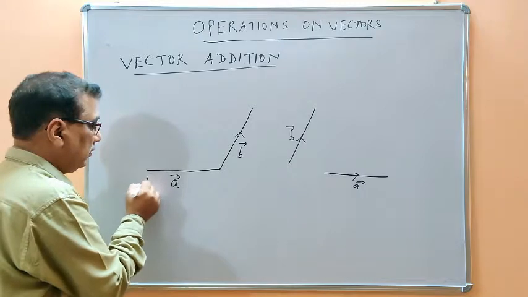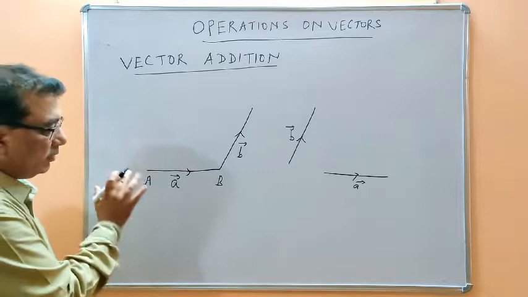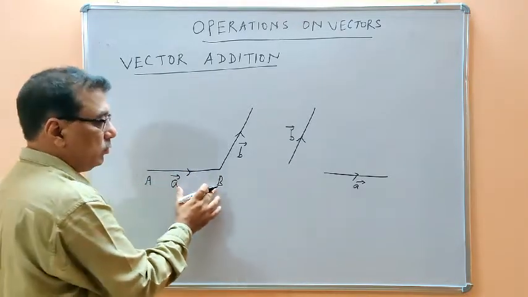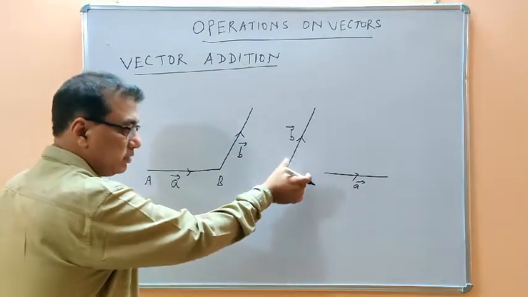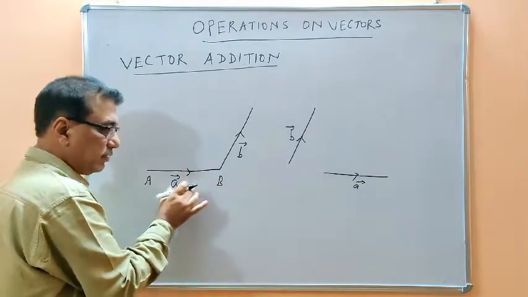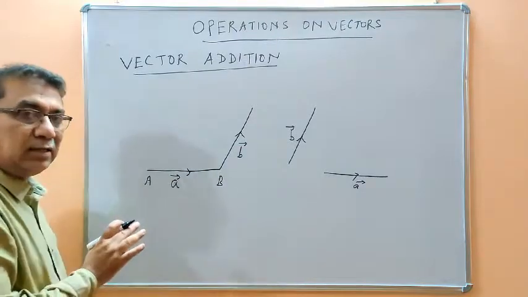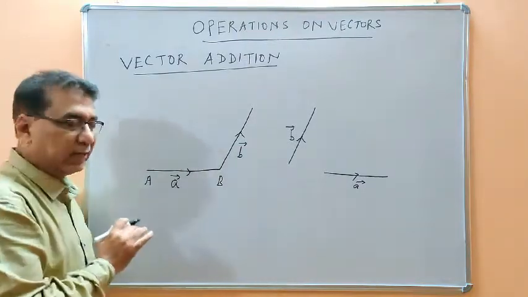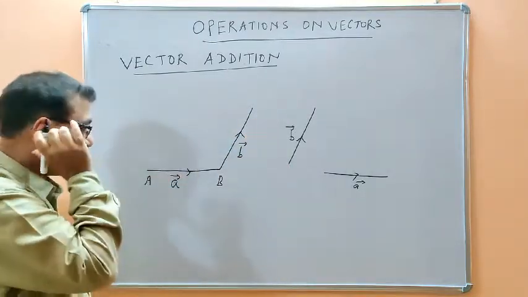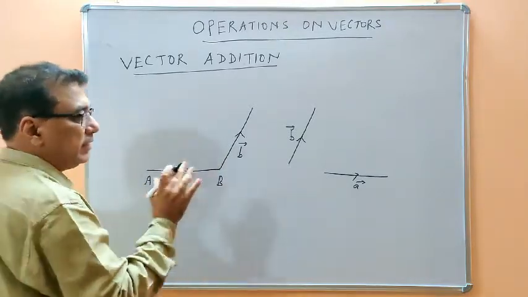Suppose I write here A and this is B. So AB represents A. So the terminal point of A is B and it is also the initial point of B. So this shift should be in such a way that the terminal point of the first vector should be the initial point of the second vector. Then only we can define addition of A and B. Okay. So if the vectors are somewhere else, they can be shifted parallel because these vectors are free vectors, so they can be shifted anywhere, maintaining the condition.